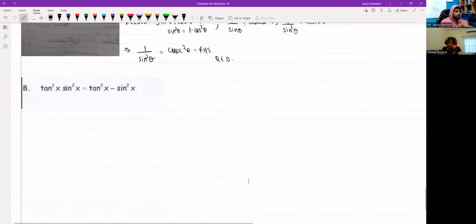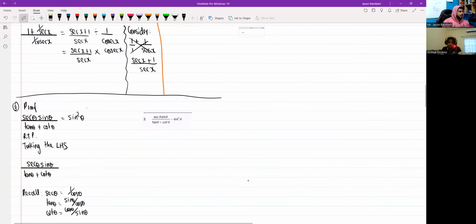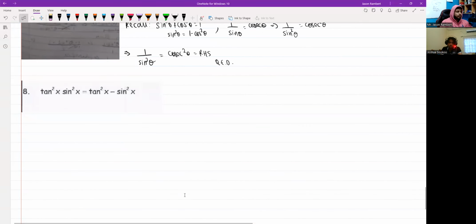So let me see what we can do down here. It is very important not to rub off things, especially in proofs. So you'll see something will unveil itself. As usual, I'll omit some statements: required to prove, followed by proof, taking the left-hand side. Tan squared x sine squared x.